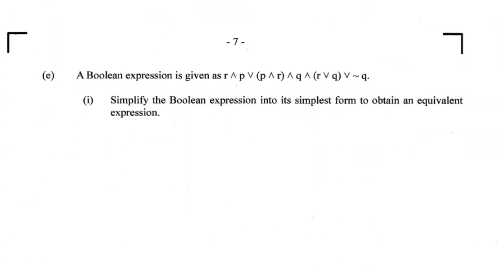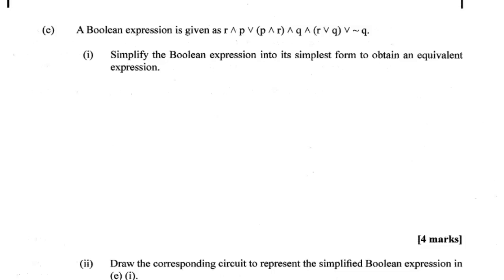Part E. The Boolean expression is given as R and P, or P and R and Q, or R and not Q. Alright, so let's simplify the circuit. Let me write it in a different form.